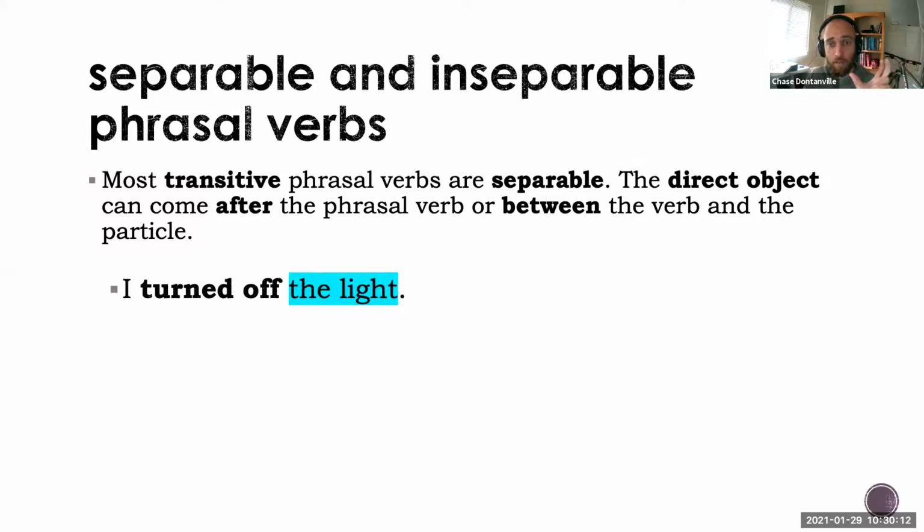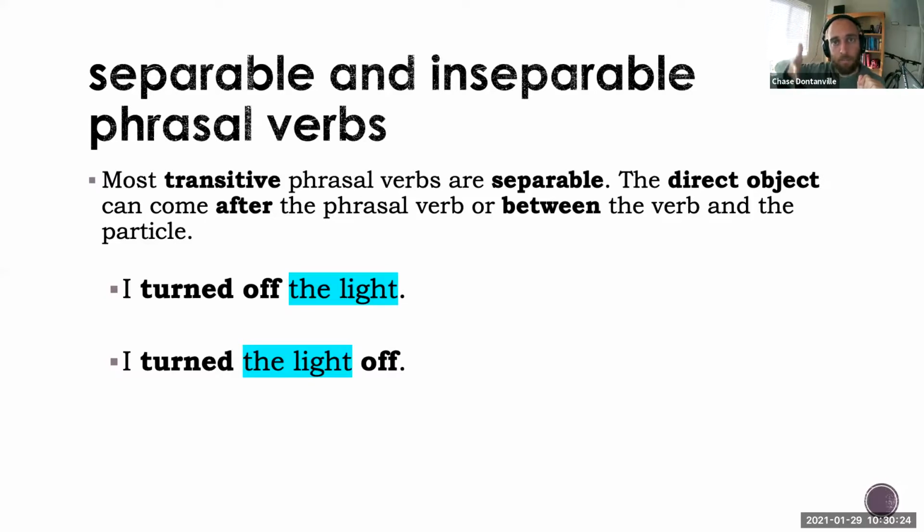Okay, turn off is a phrasal verb. The light is the direct object. It comes after. I turned off the light. I can say, I turned the light off. This means it's separable. We can put the direct object in the middle of the phrasal verb, okay? You can't do this with all phrasal verbs, only transitive phrasal verbs.